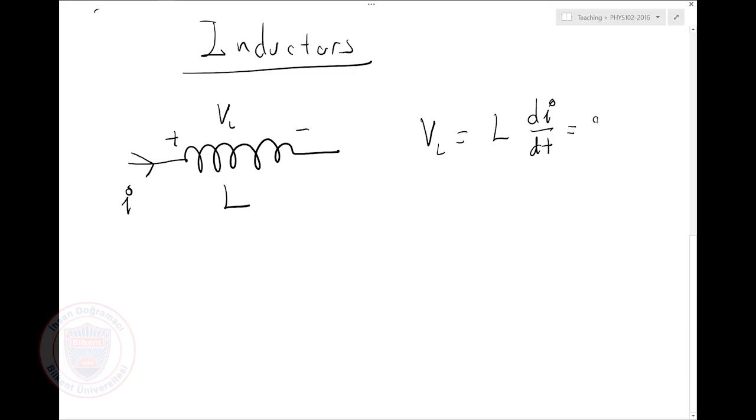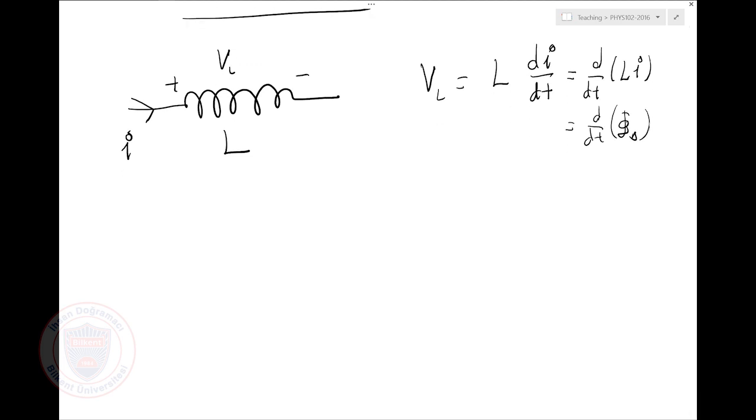If you want to see it in another way, think of it like this, L times di dt, which you can also say is the flux. So this is another statement of Faraday's law. All right? Good.